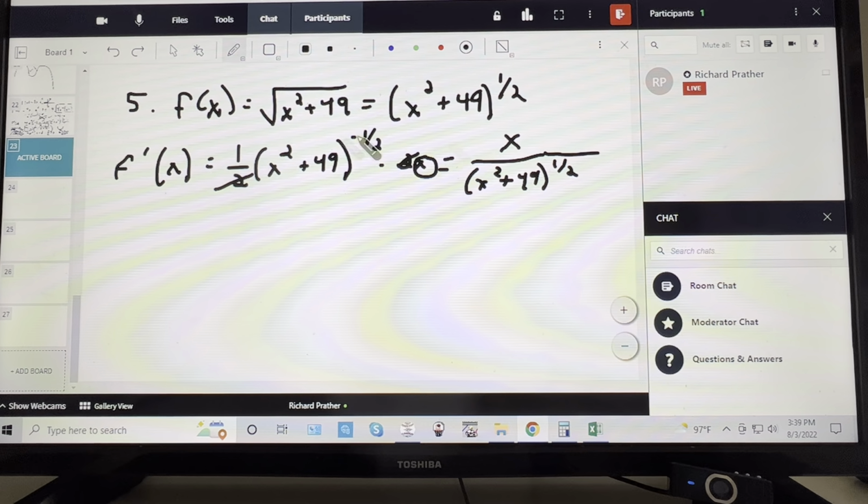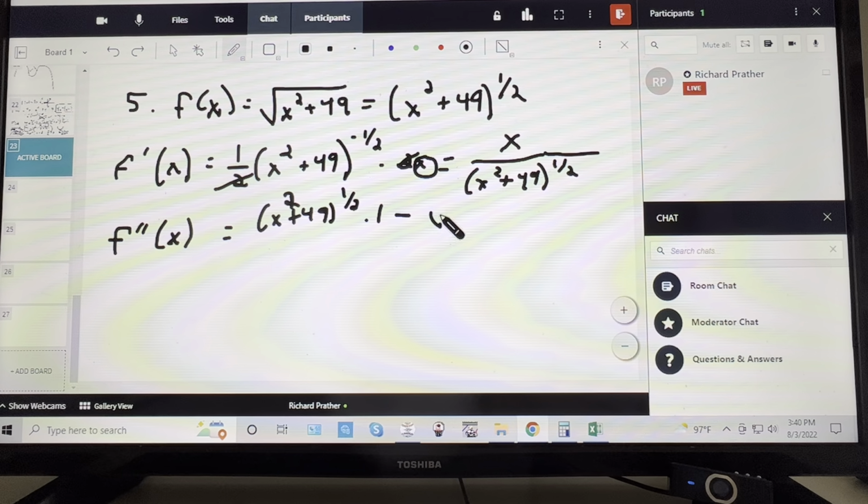That I did correctly, but then in the second derivative, when you're doing the quotient rule, it's the second times the derivative of the first. The derivative of x is 1, minus the first times the derivative of the second.